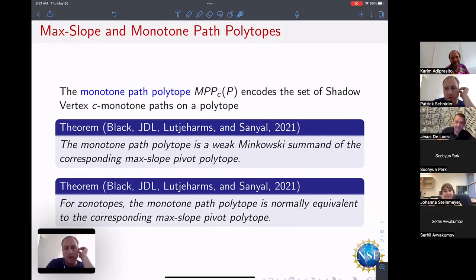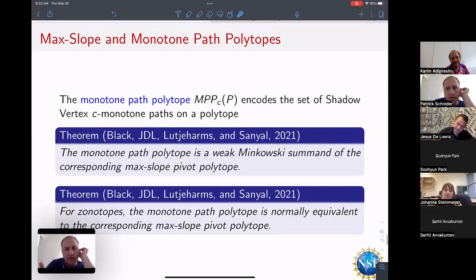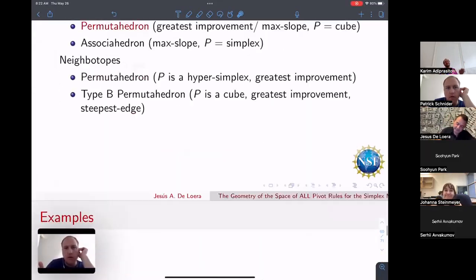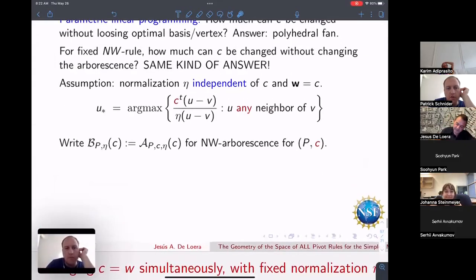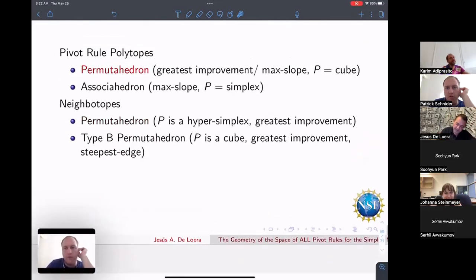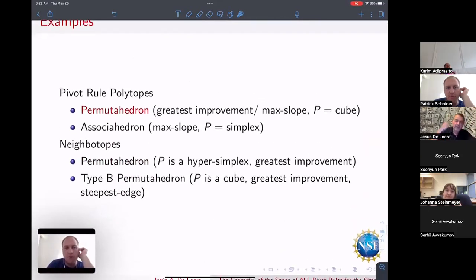Sorry, I have a question. Can you go back to the last slide, the one with the examples? There you say that for certain pivot rules, you get special polytopes. Yes, there's nice combinatorics. It's not just optimization or polytope results. If you care about algebraic combinatorics, you recover some of the classical polytopes people construct using combinatorics.